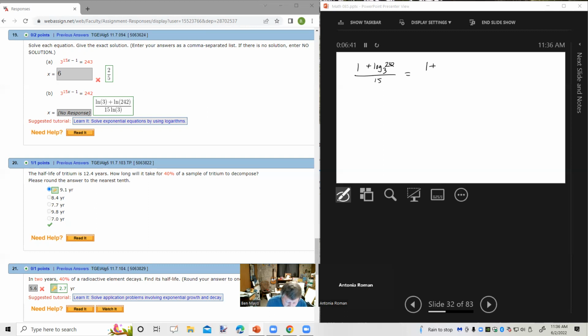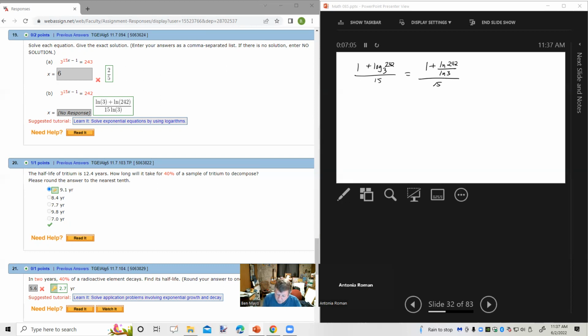And I'm going to use log base e. Why? Because that's what they did. I could have used log base 10, but so this is going to be the natural log of 242 over the natural log of 3, the whole thing over 15. Okay? So far, so good?